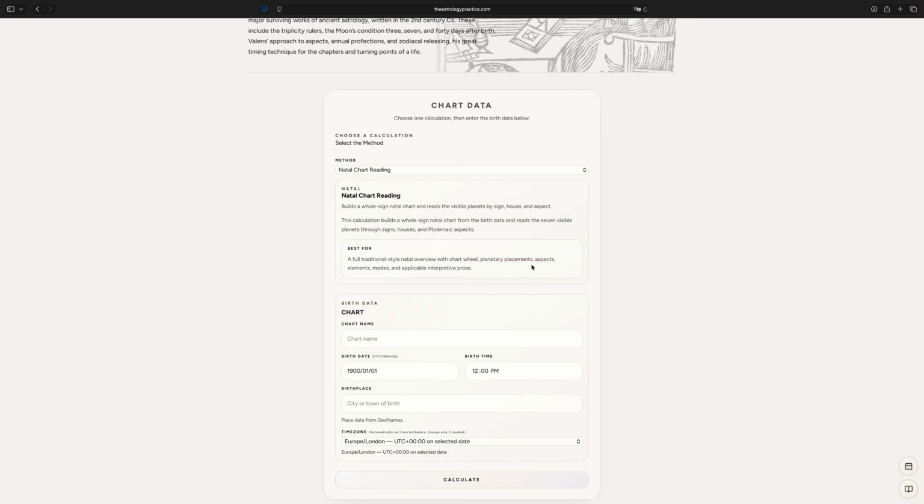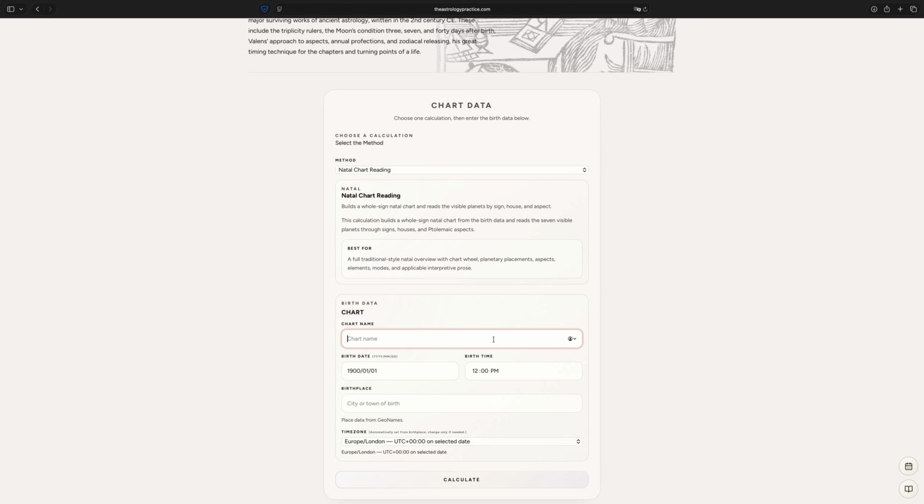Especially if you have any interest in having a consultation with an astrologer, it'd be good to get an idea about your chart beforehand, to know which sign your Mercury is in, which house it is in, or your Moon, or where your ascendant is. Well, you don't need to, but it would be very useful for you to know those things.